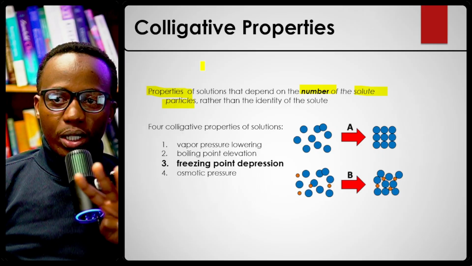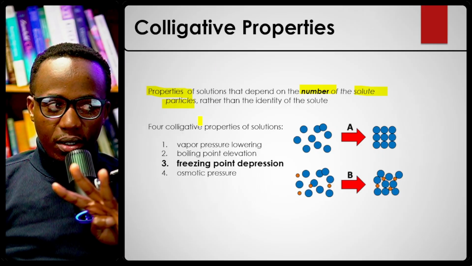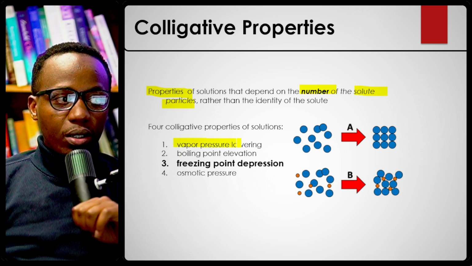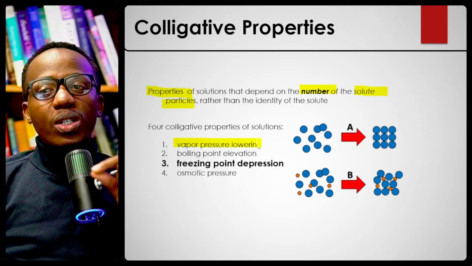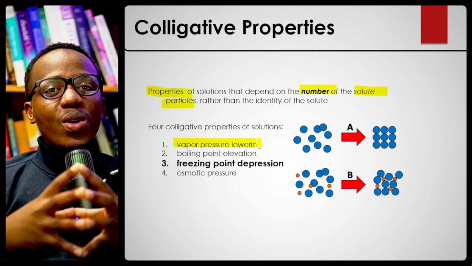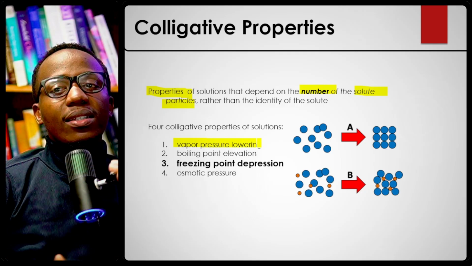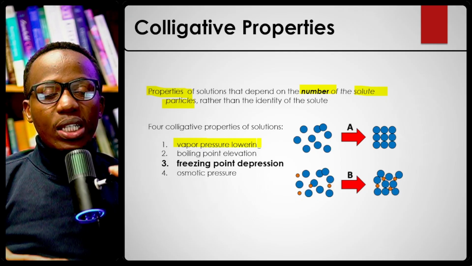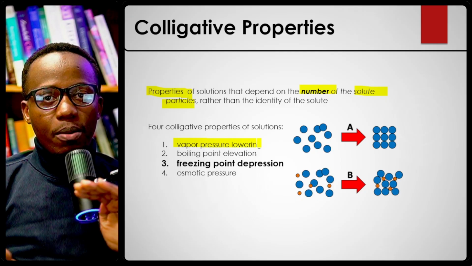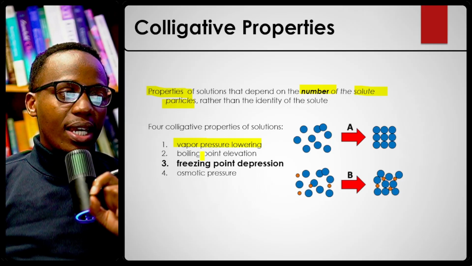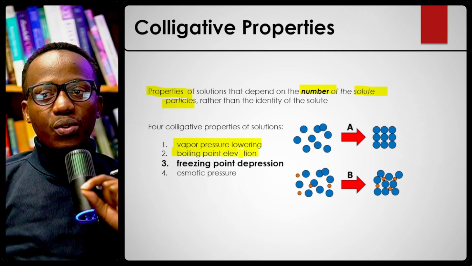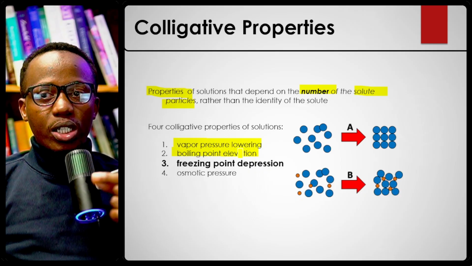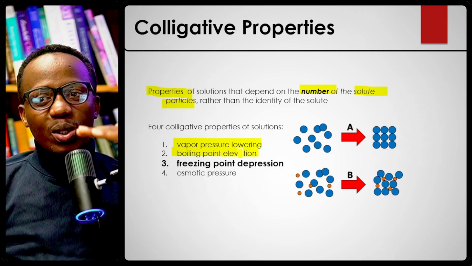There are four colligative properties. The first one is vapor pressure lowering, meaning that if you increase the concentration, if you increase the number of things dissolved in a solution, it will lower its vapor pressure. The second is boiling point elevation. That's the one that I was just talking about. You increase the concentration, the boiling point will go up.